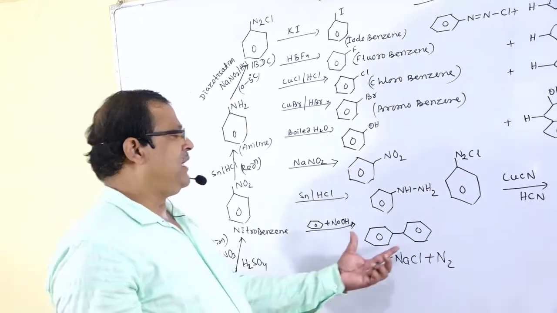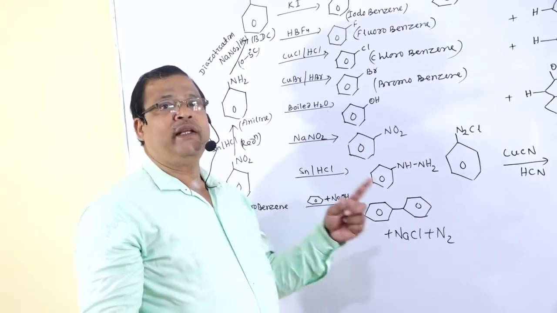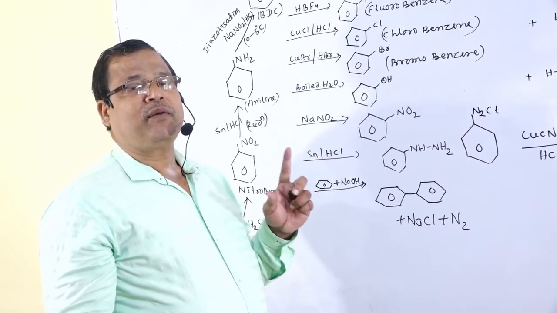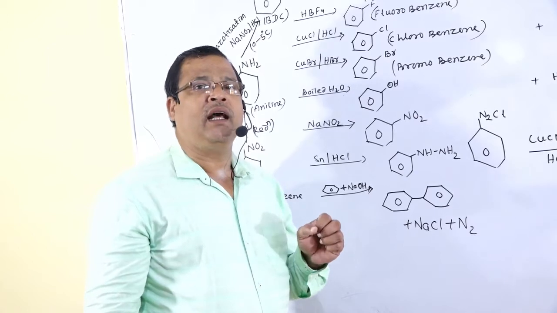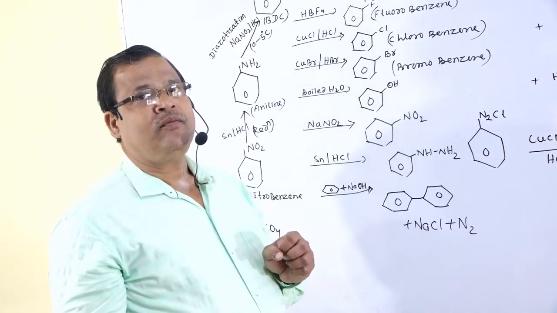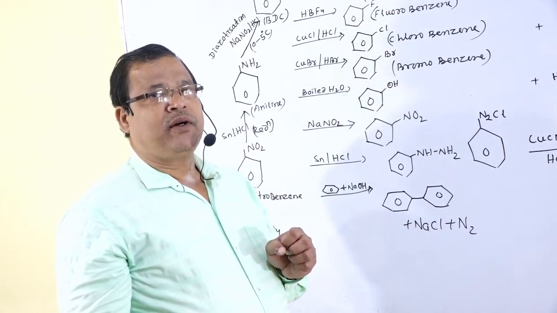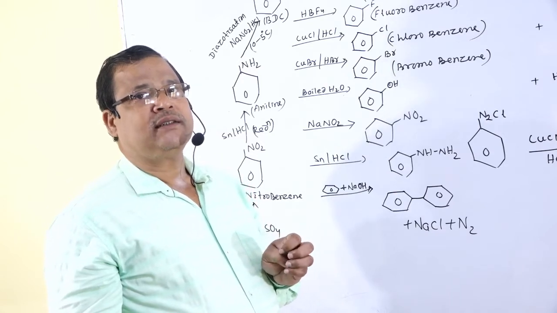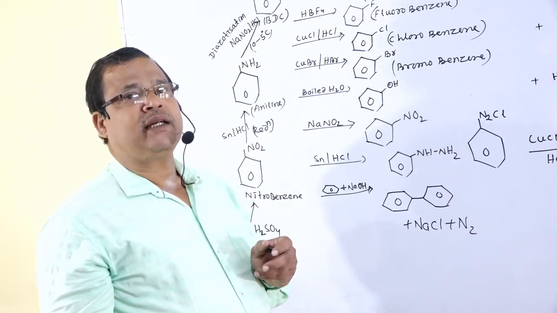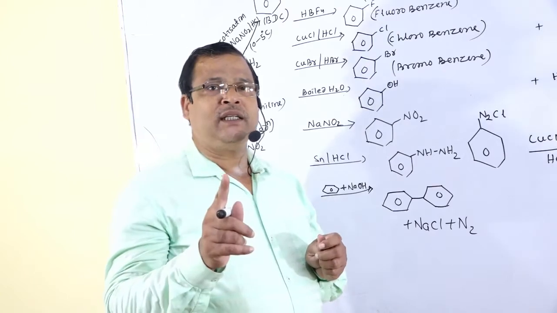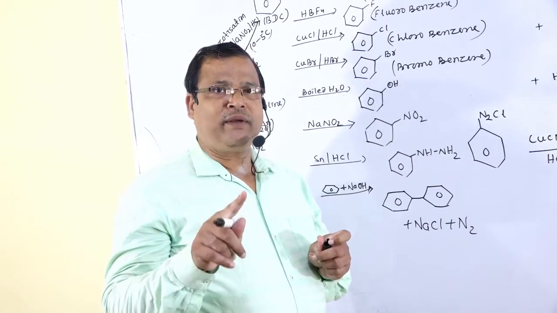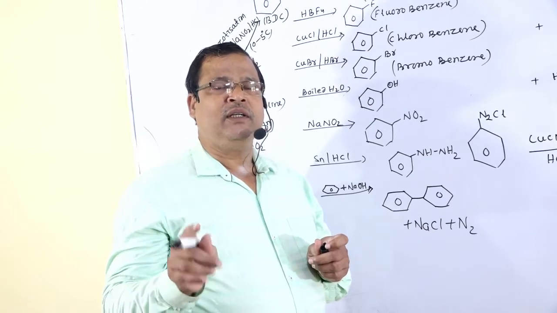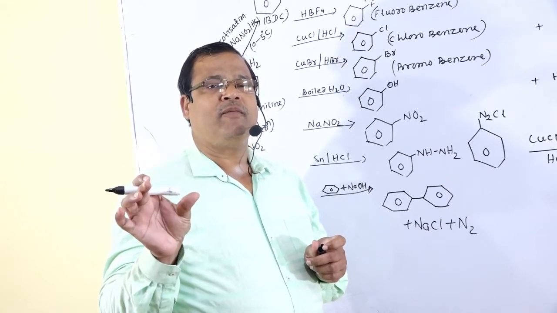So how is that biphenyl prepared? Already we have discussed the formation of biphenyl during the alkyl and aryl halide chapter. Remember, what is the Ullmann reaction? When iodobenzene is treated with copper, there is the formation of biphenyl.